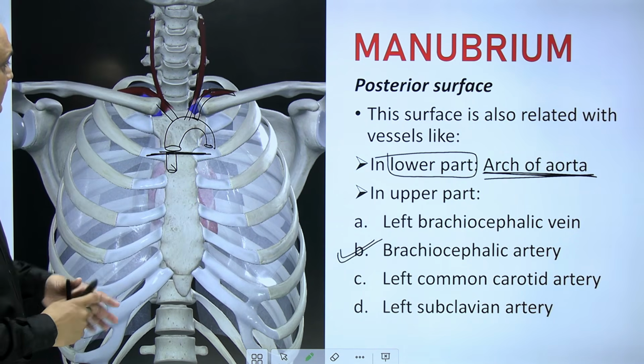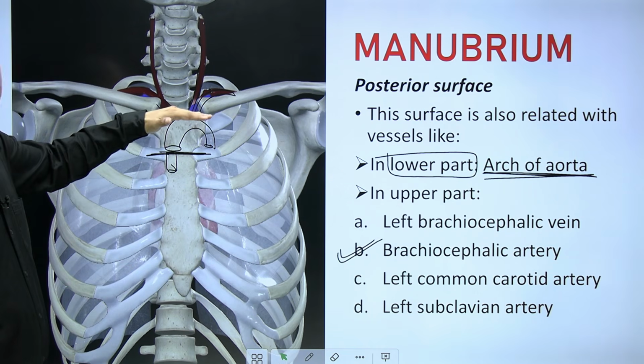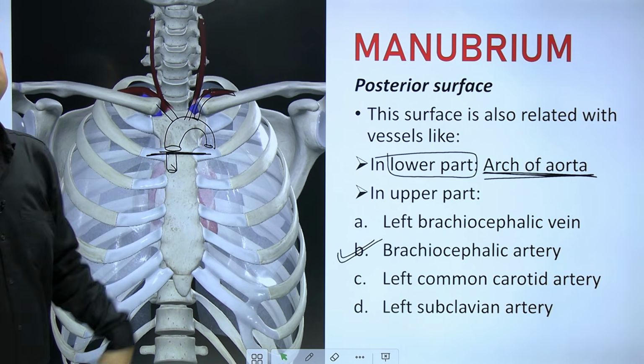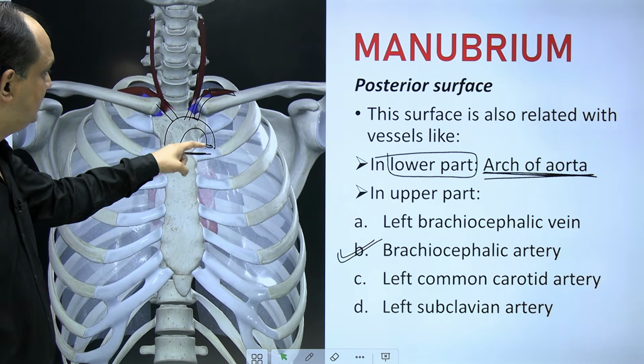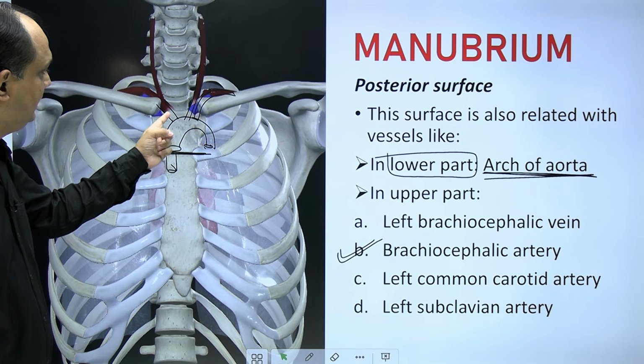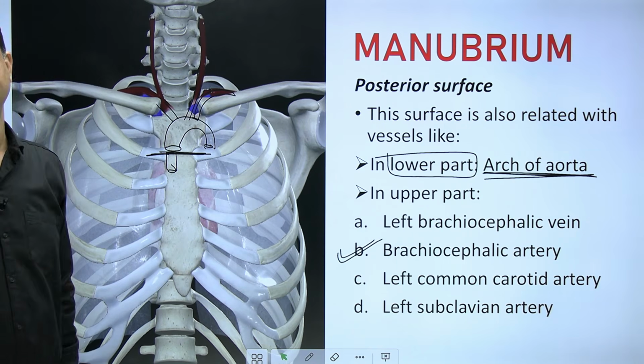So my dear students, if you draw the blood vessels in the superior mediastinum, you will realize that they lie just behind the manubrium. What are these? This is the arch of aorta and the three branches: the brachiocephalic artery or trunk, then the left common carotid and the left subclavian.